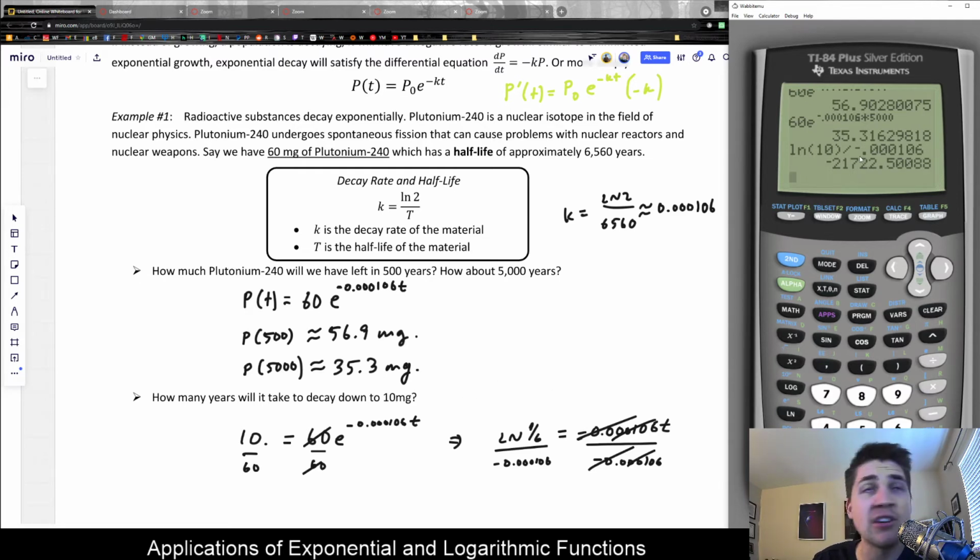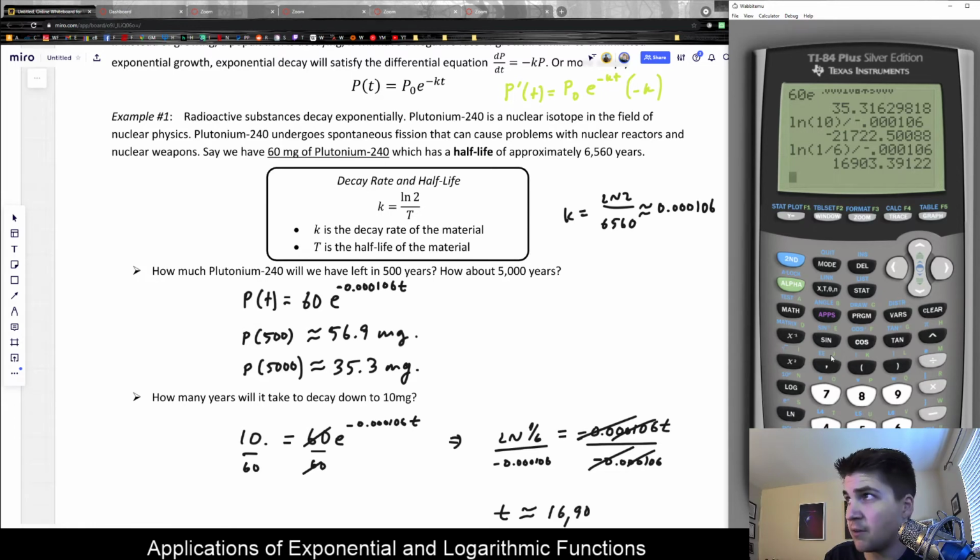And a negative answer obviously doesn't make sense, but I forgot to simplify, I was supposed to apply the ln of both sides of this equation, and I just forgot my divided by 60. So everything I did before was right, except this should be 1/6 instead, and that would give me a time frame of approximately 16,903, whatever, good enough, years.